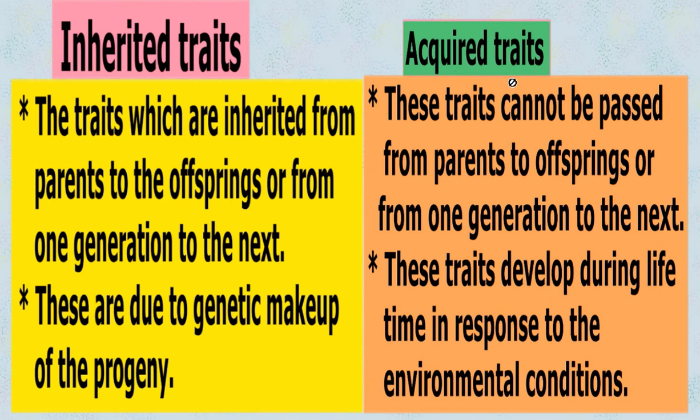What are acquired traits? These traits cannot be passed from parents to the offspring or from one generation to the next. These traits develop during lifetime in response to the environmental conditions. So these are acquired during lifetime. So this is the difference between inherited traits and acquired traits.